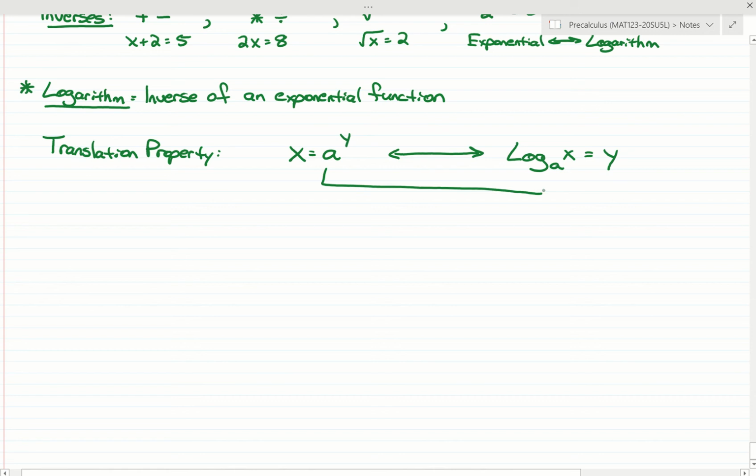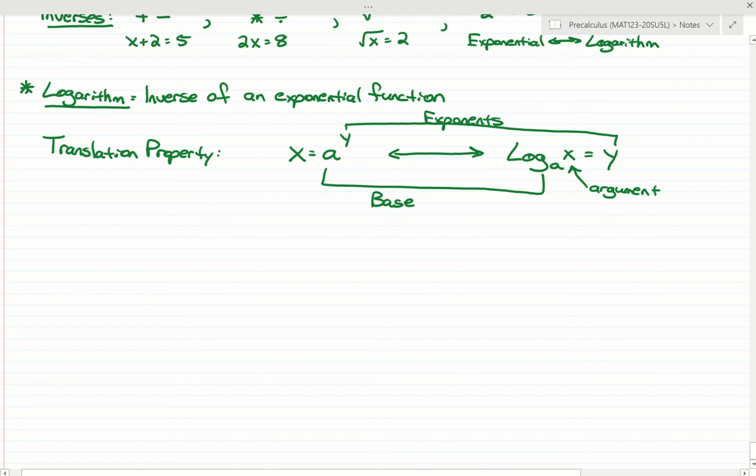Notice these numbers are our bases. These numbers are exponents. And x is considered an argument. Argument just means what you put into a log.